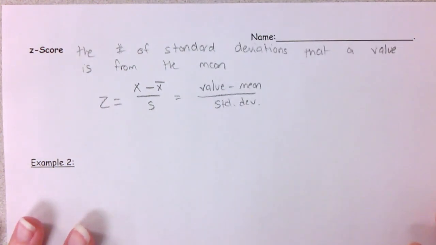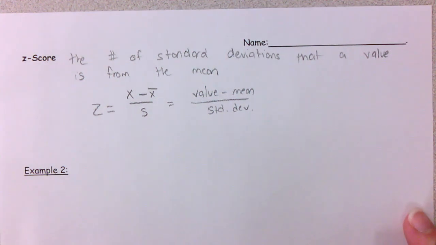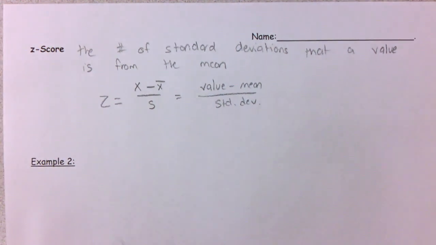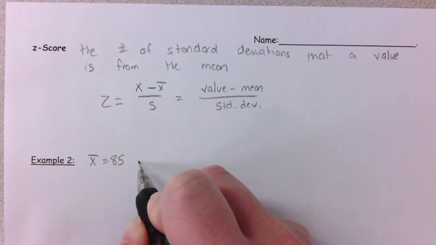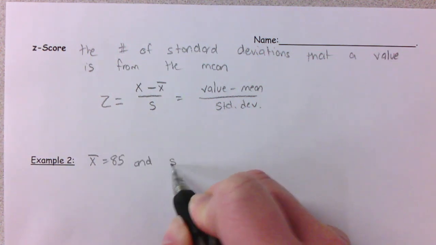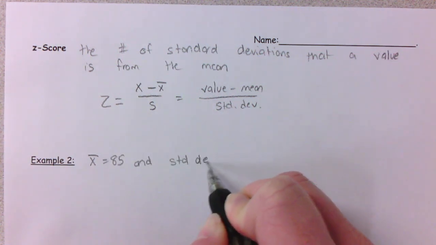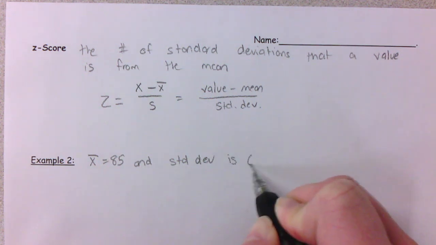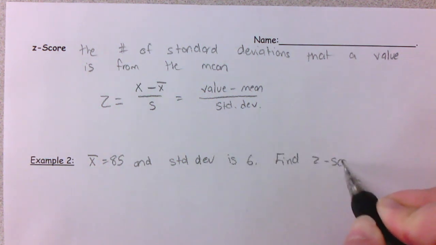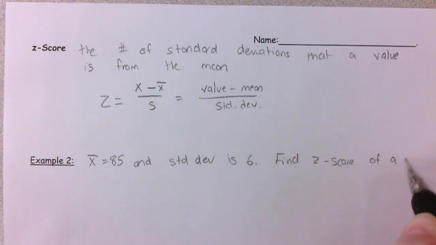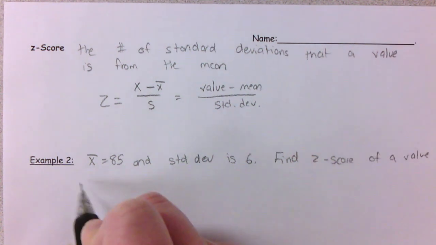So pretty simple. So if I give you, the mean is going to be 85 and standard deviation is 6, find the z-score of a value of 76.